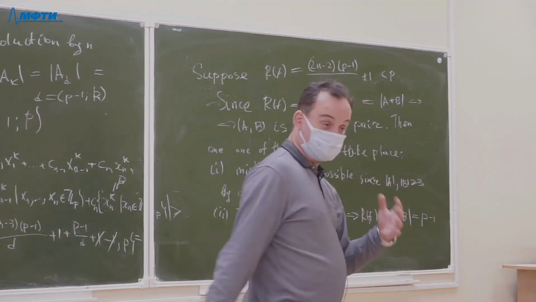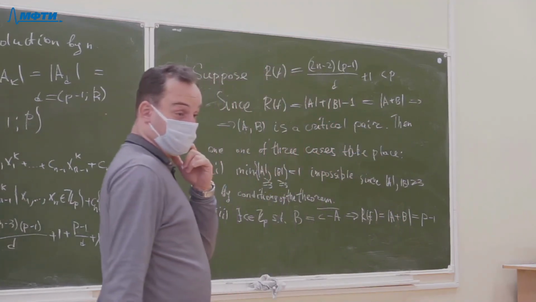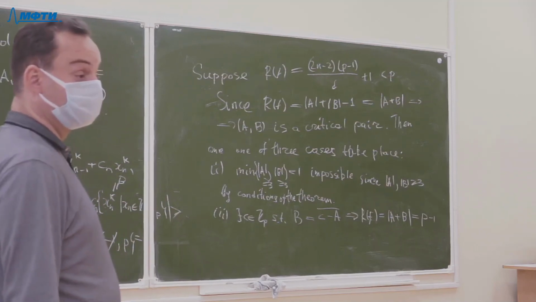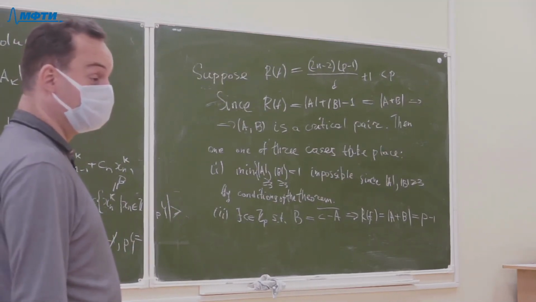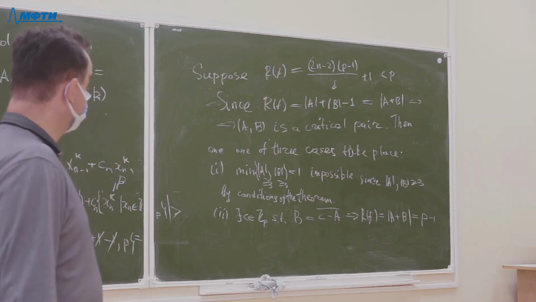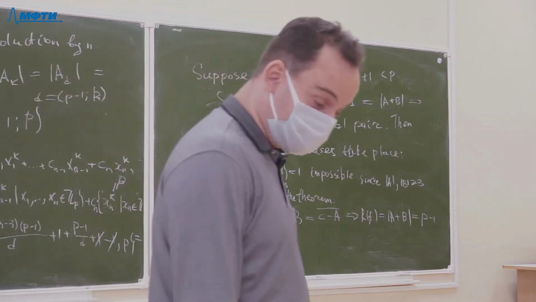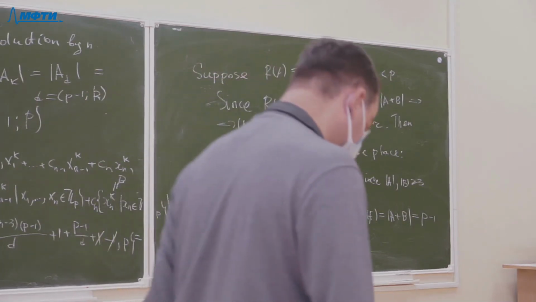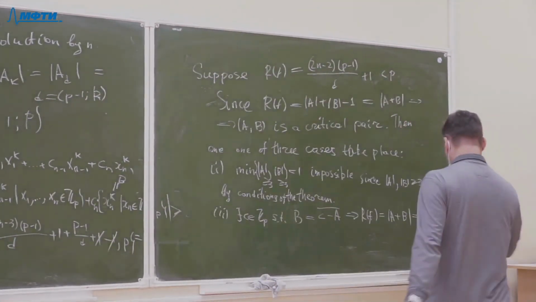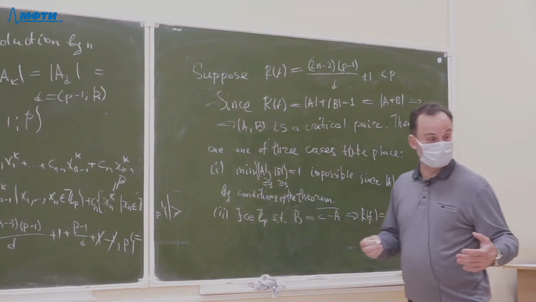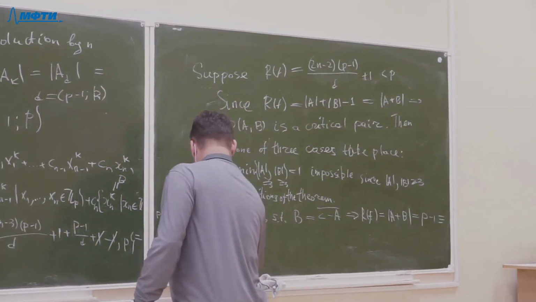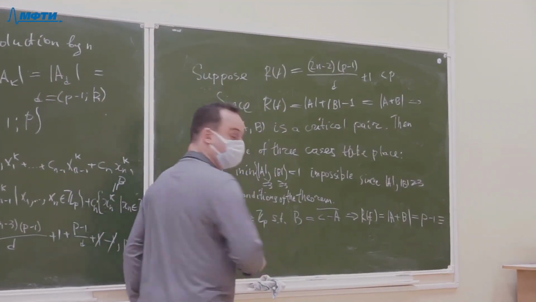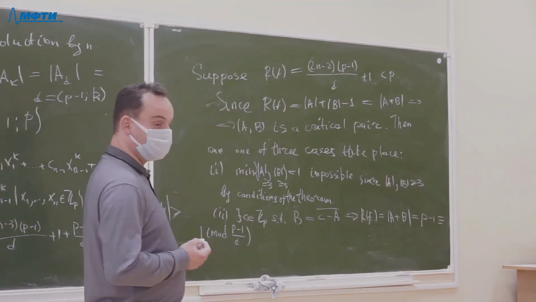Why is this impossible in our situation? Because by lemma 1, the range of the form is 1 modulo (P minus 1)/D, right?